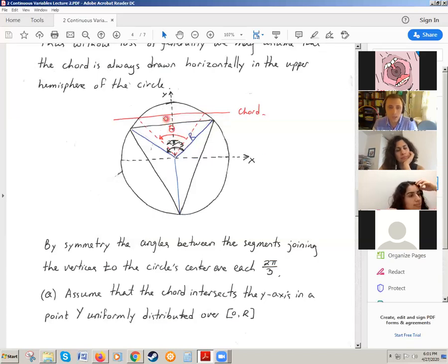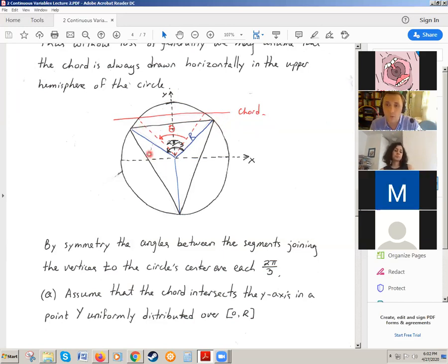So that means, what is the relative region of theta from 0 to 2 pi over 3? That's 2/3 of the full pi region. Yes. So that means if theta is random, the probability that I draw a chord shorter than the side of the triangle is now 2/3.